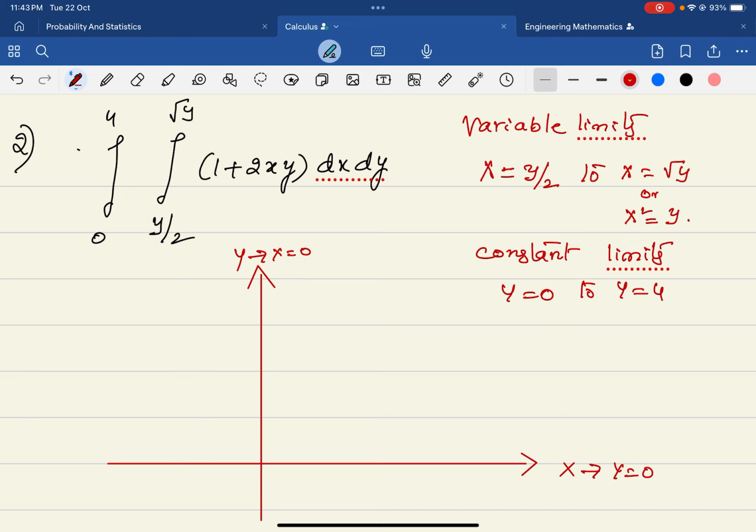That means it's a straight line passing through the origin. So we draw the line passing through the origin, which is x is equal to y by 2. And then we need one more equation, x is equal to root y. So x equal to root y means x square is equal to y.